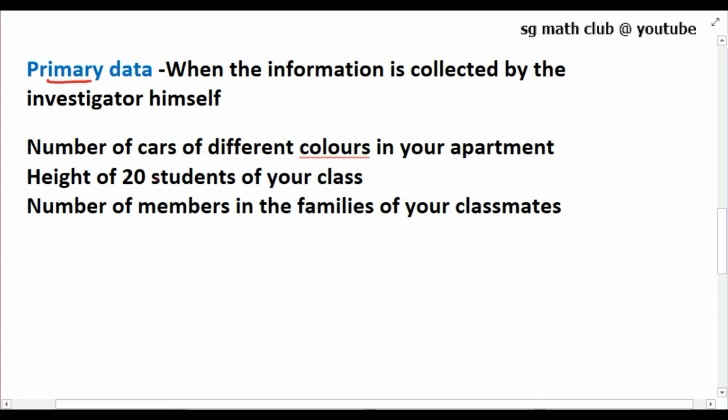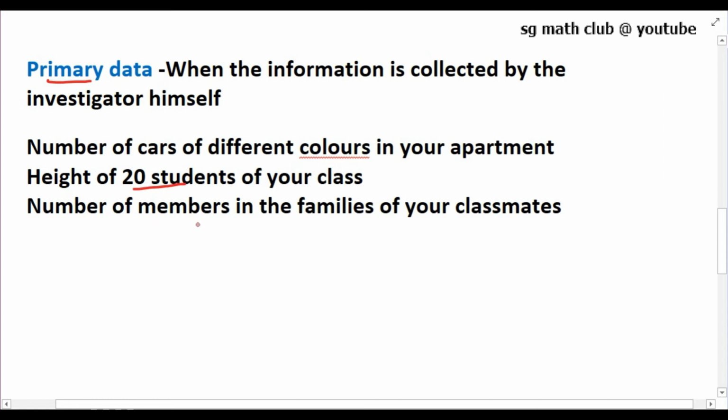For example, if you want to find out the number of cars of different colors in your apartment, you will go to the basement, and you yourself will find out how many cars with white color are there, red color are there, etc. Another example is the height of 20 students of your class. You yourself will go to each student, take a measuring tape, and measure the height.